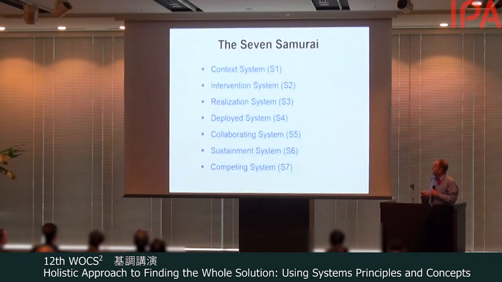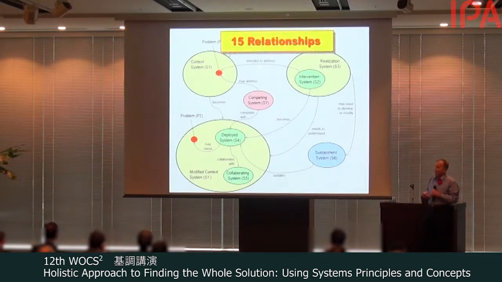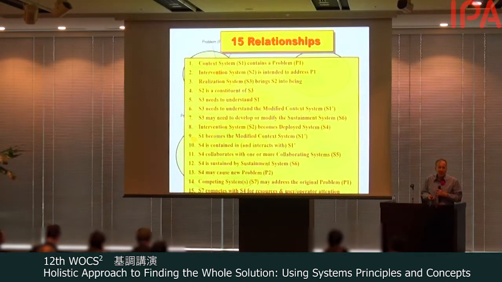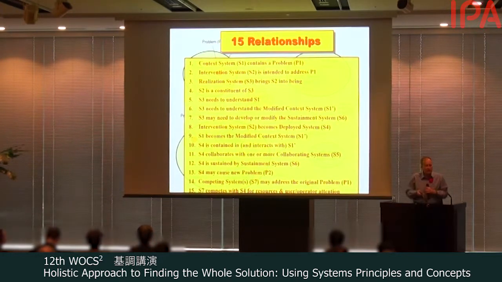So these are the 7 samurai. But between all these are 15 relationships. So if your focus is only on the intervention system, the main thing, our product, our engineering product, you may not take into account the whole solution.